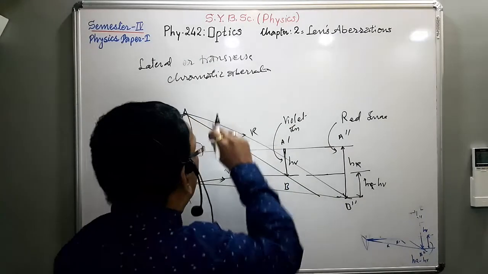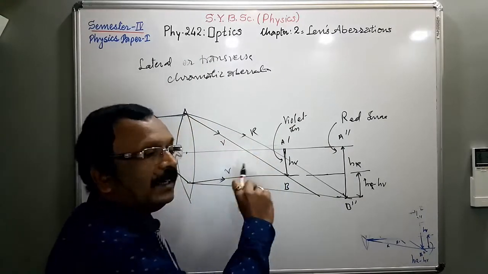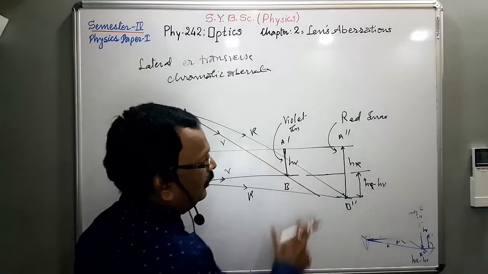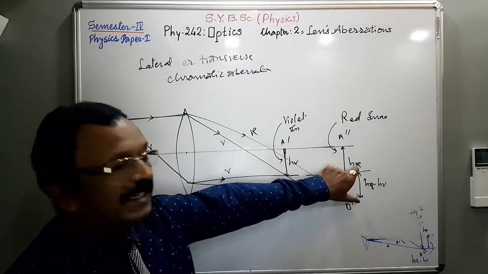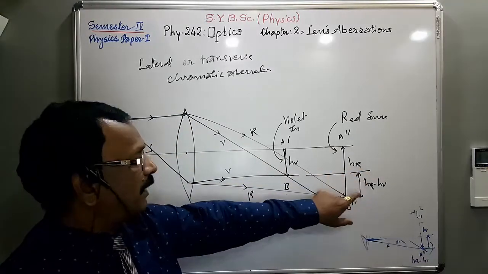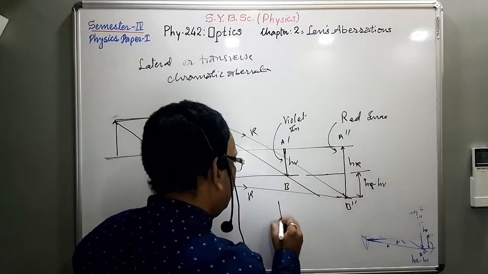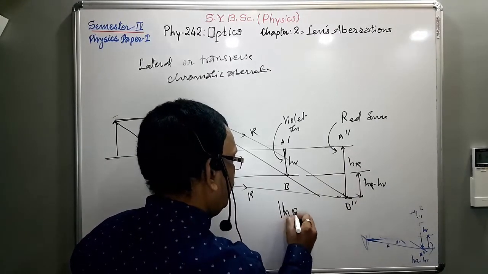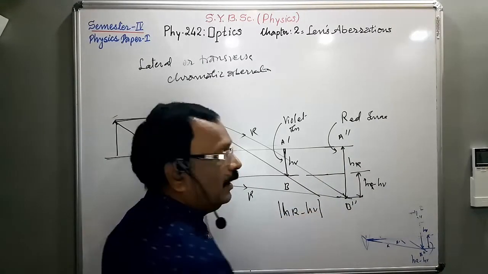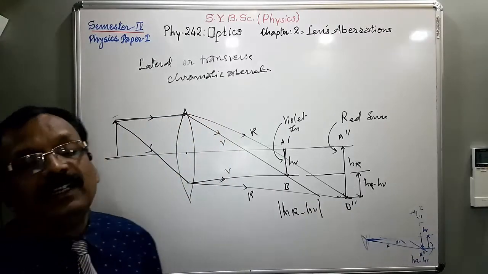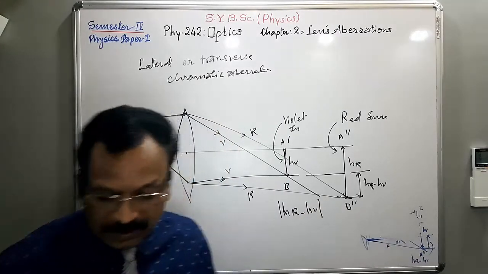Okay, there are n number of intermediate colors lying in between these two. So this height difference, that is HR minus HV, is the measure of lateral chromatic aberration. This means what?